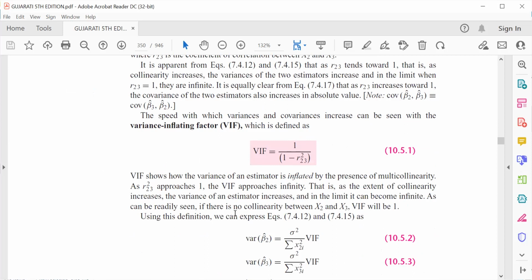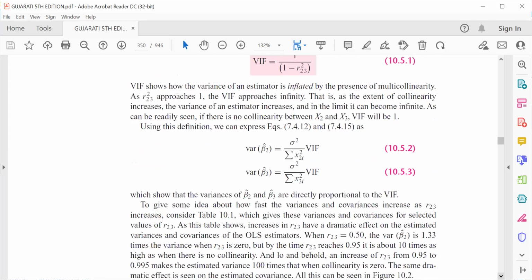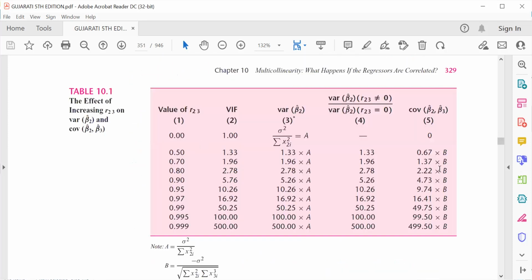Here R square 2,3 is the relationship between variable number 2 and variable number 3 of the independent variables. This is the rule for multicollinearity.